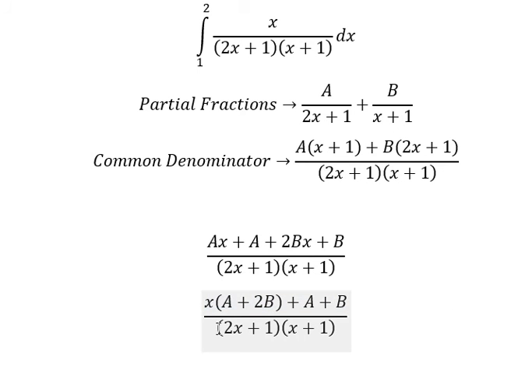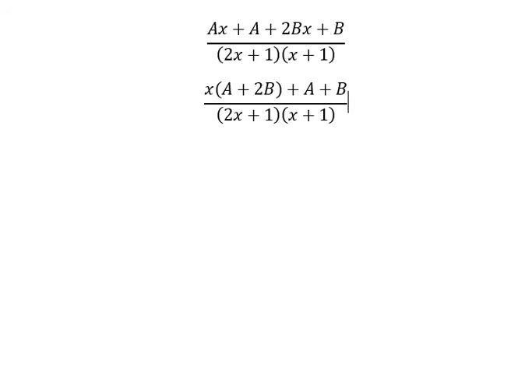Now, if we look carefully at this one, we have x, the coefficient is 1. So A plus 2B equals 1, because the coefficient in here is 1. We don't have the number in here. So A plus B equals 0.